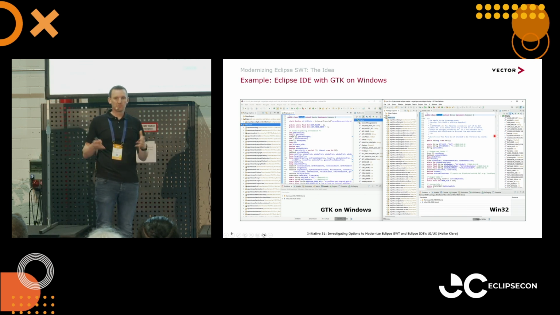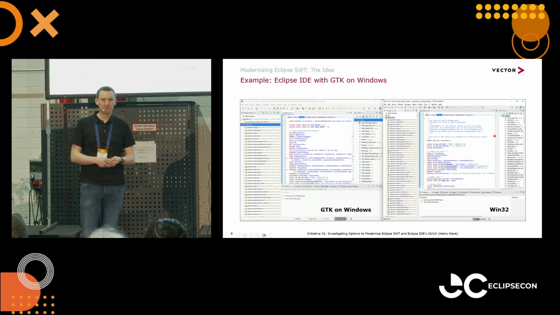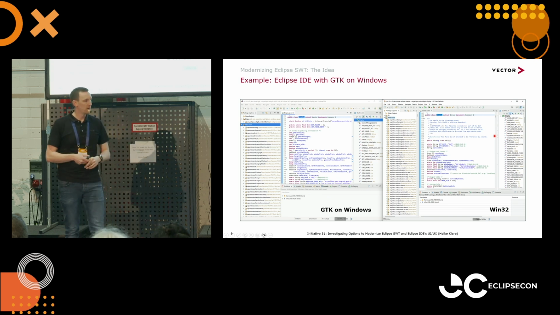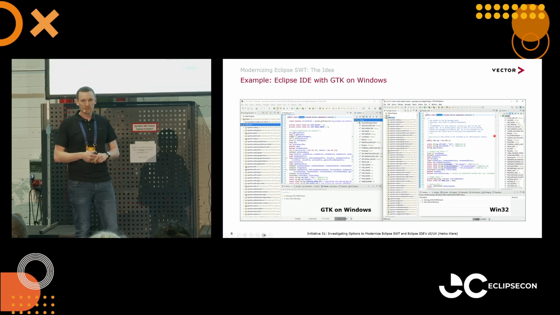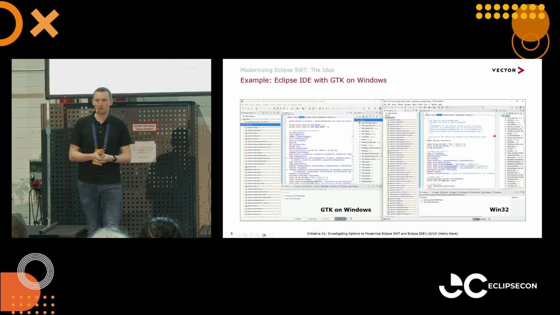But the thing is, most things work out of the box. Only really slight tweaks were necessary in the SWT code at 1 or 2 places to get this running, and also much of the functionality you need in your UI. This was impressive for us to see, because we found that if this is possible with GTK in such a good way out of the box, maybe there are even other technologies that fit even better than this one.